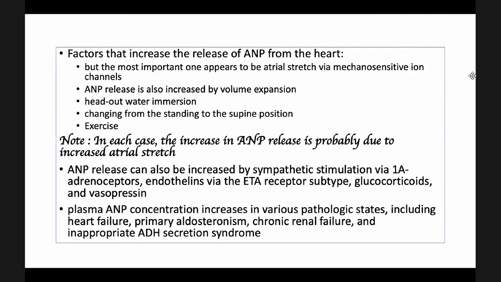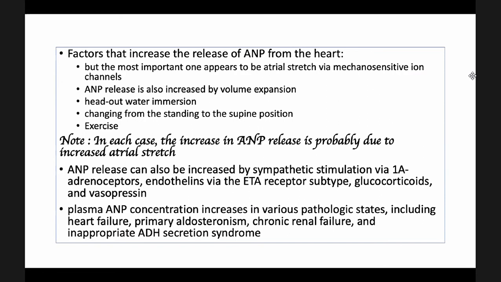So there are factors that will increase the release of your ANP from the heart. So the most important one appears to be the atrial stretch via your mechanoceptive ion channels. So ANP release is also increased by volume expansion, by head-out water immersion, or changing from the standing to the supine position and during exercise.